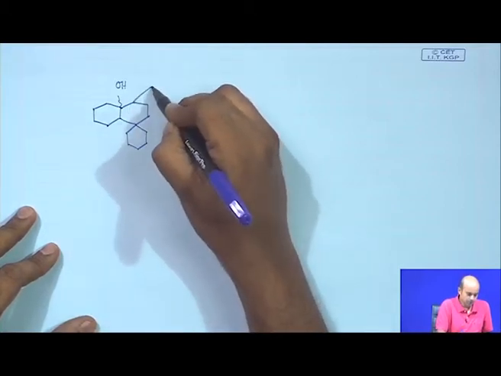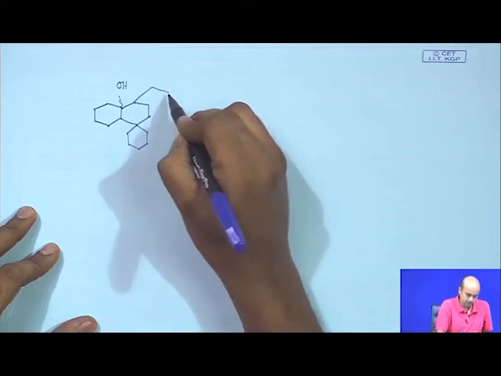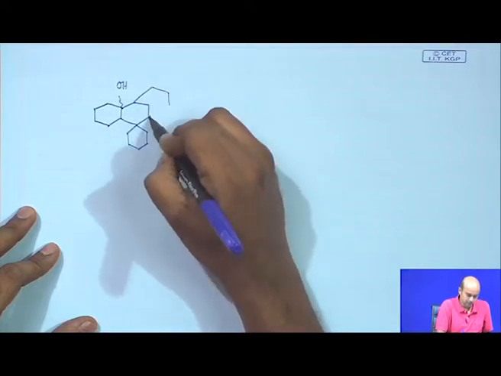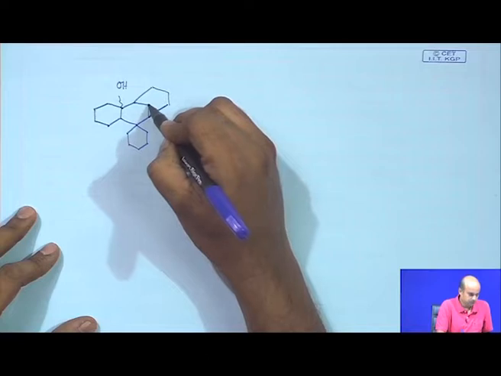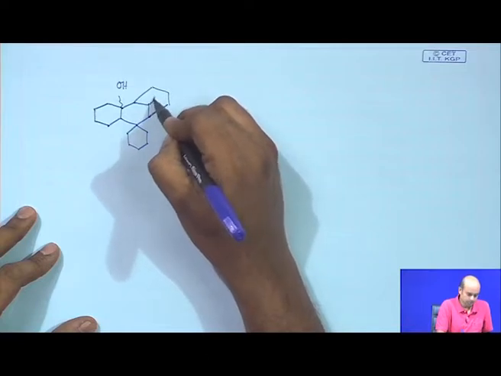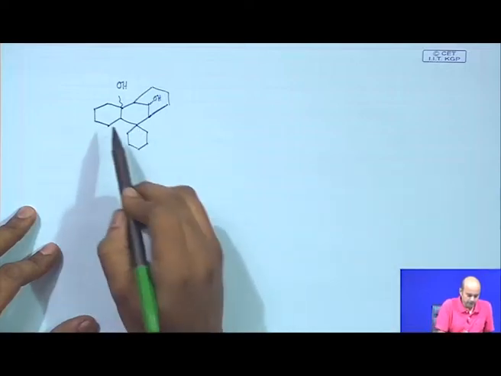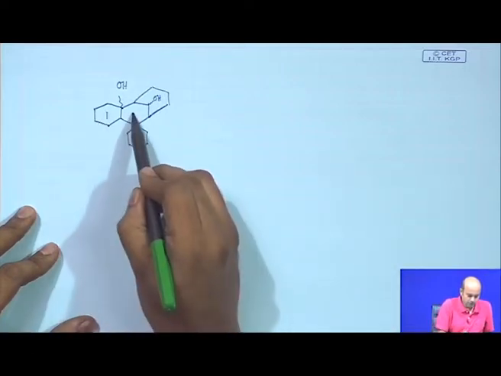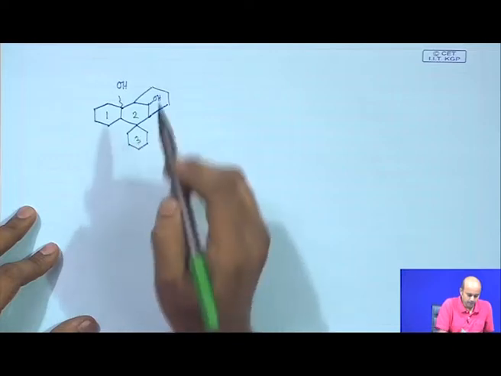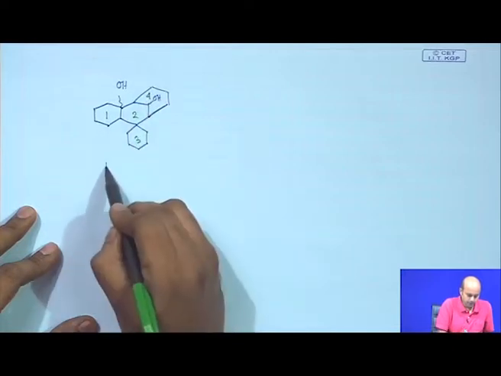If you see the molecule, this molecule is basically 1 ring, 2 ring, 3 ring, 4 ring. This is the target.